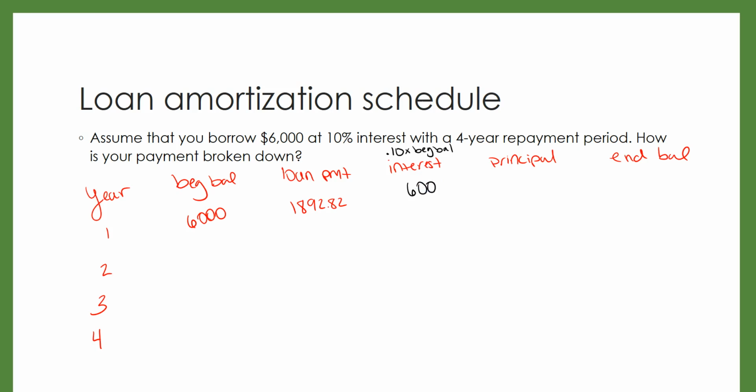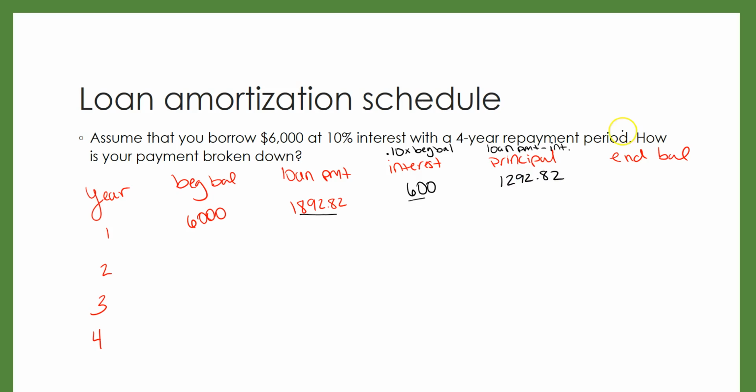Our principal is equal to the loan payment minus what we paid in interest. So here it is that $1,892.82 minus $600, so that gives us $1,292.82.